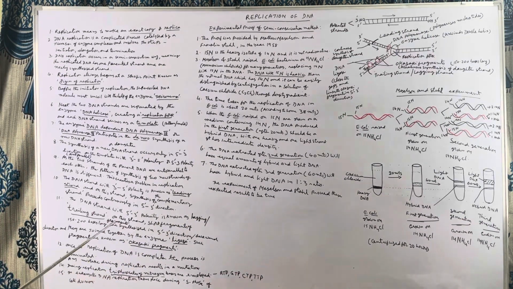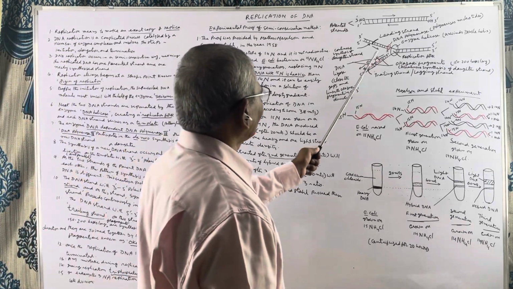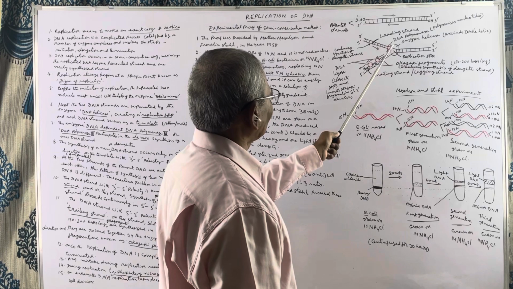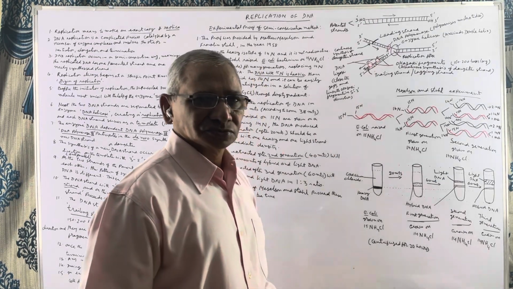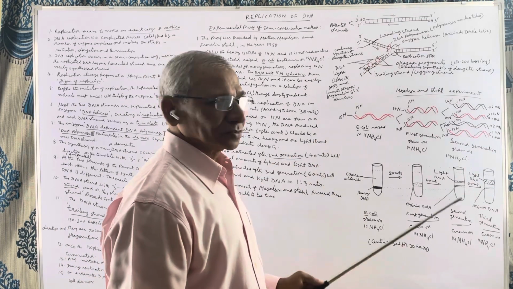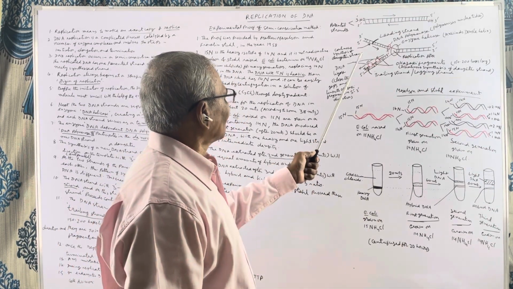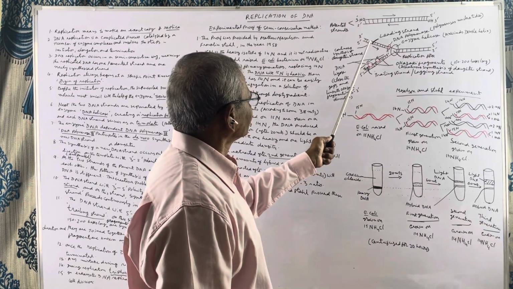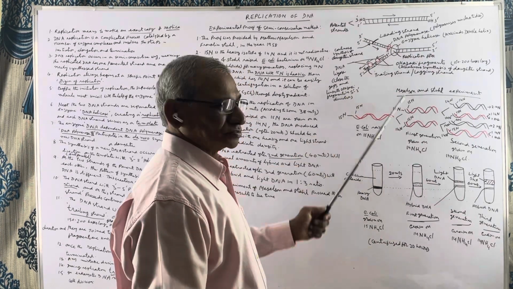Then, how it happens? Let us take up this parental strand. This is in 3-5 direction. There is no problem as far as this strand is concerned, because the DNA strand is synthesized in this direction, in a 5-3 direction.